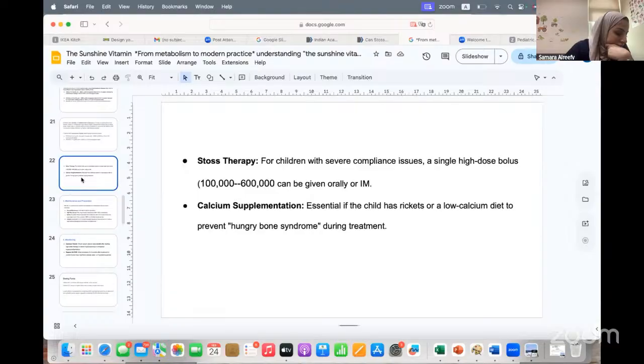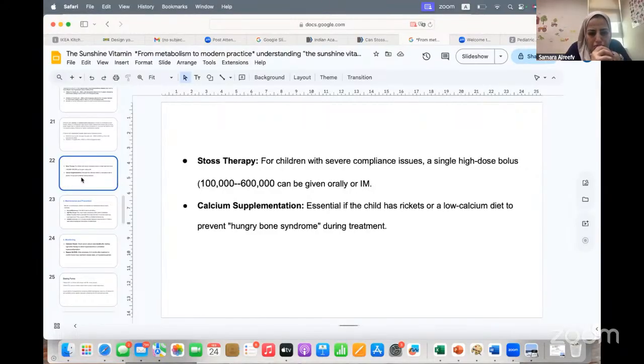As a routine evaluation, you do not do it. After a full supplementation, if there is poor response, you will have to consider vitamin D resistant rickets. At that time you need to assess, and there are two classes in vitamin D resistant rickets.